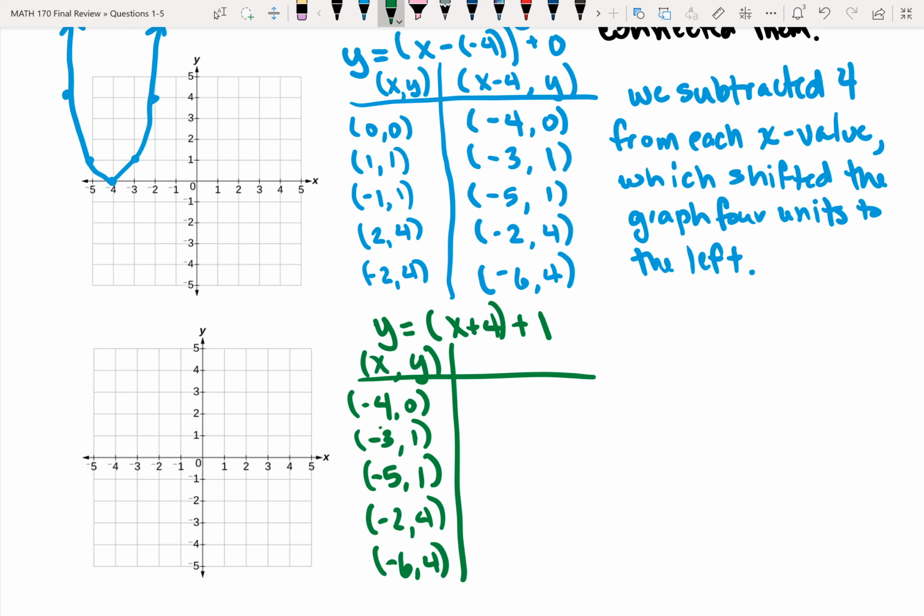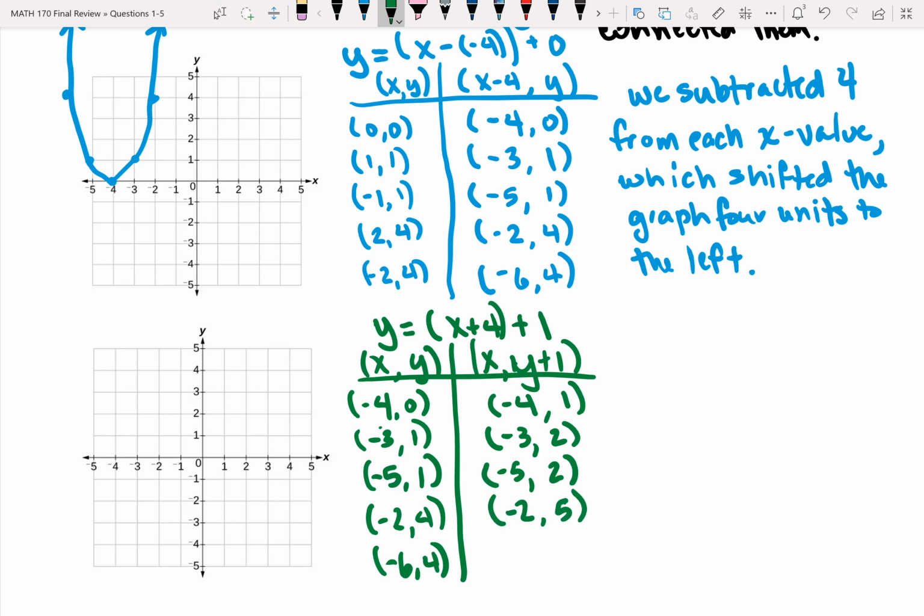Okay, and now what we're going to do, we're going to keep the x the same because we haven't changed that, but we're going to add 1 to the y. So we're going to say -4 and 0 plus 1 is 1. -3 and 1 plus 1 is 2. -5 and 1 plus 1 is 2. -2 and 4 plus 1 is 5. -6 and 4 plus 1 is 5.